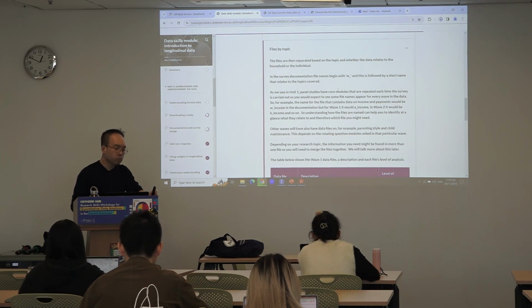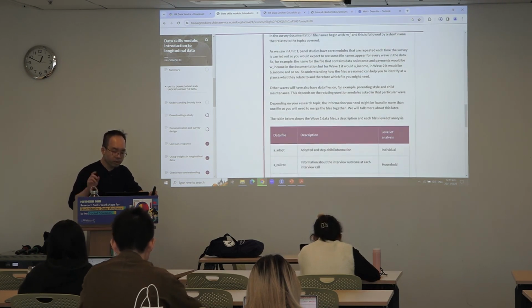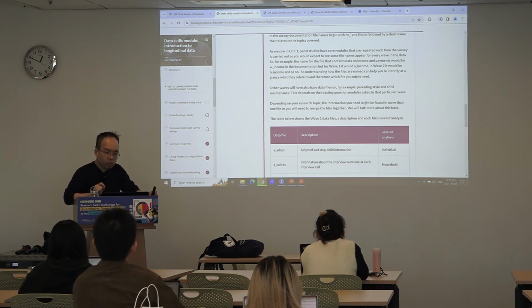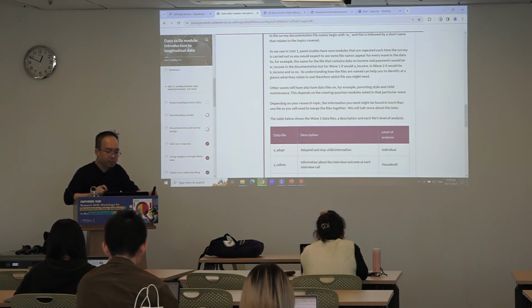So we'll look at the examples really quick, but let's finish off this first. These panel studies, like by wave, have core modules that are repeated each time the survey is carried out. So you would expect to see some file names appear for every wave in the data.